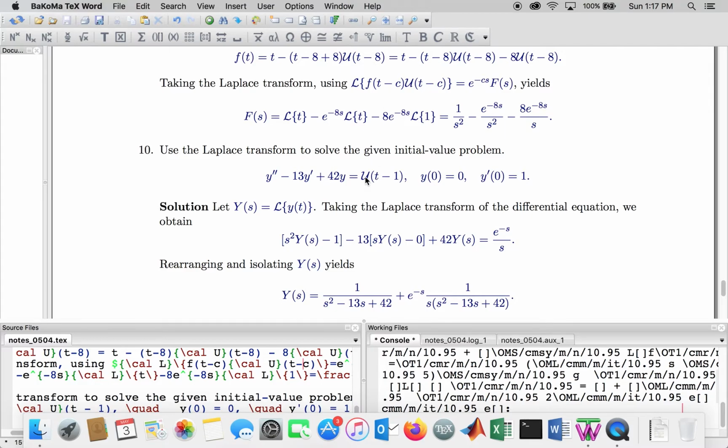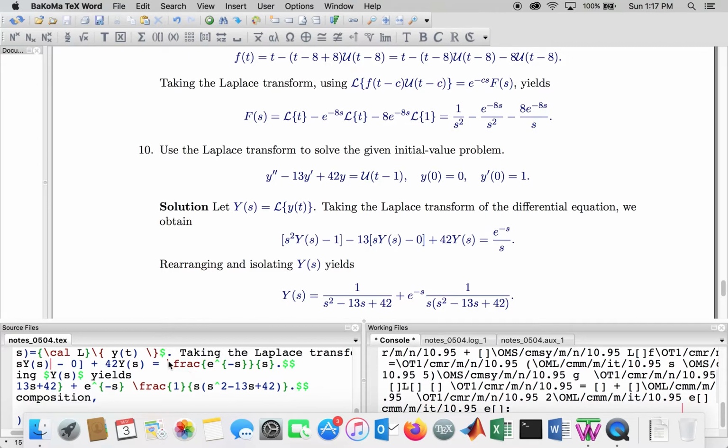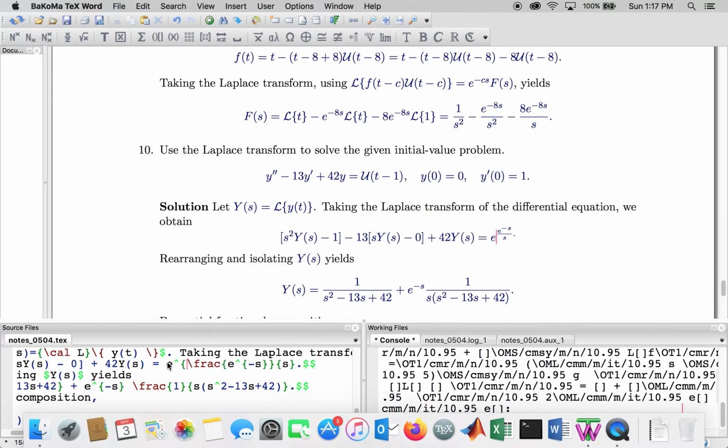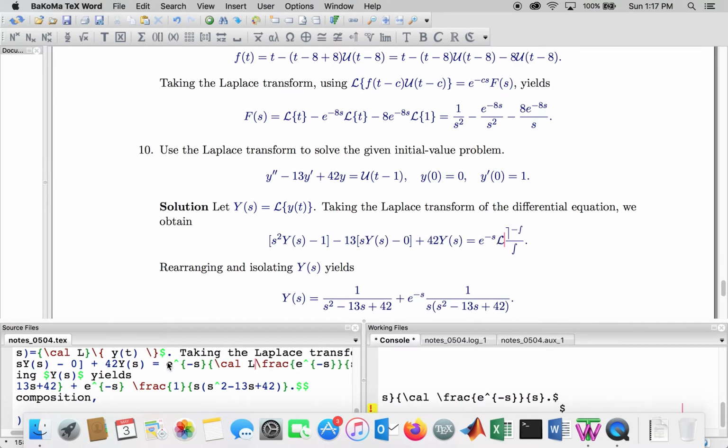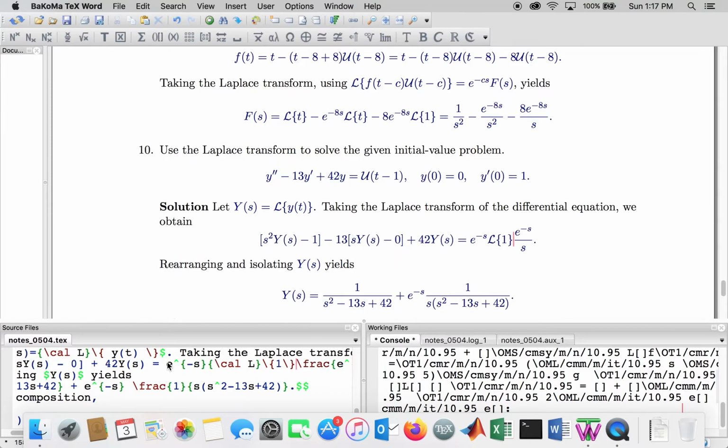So what we're going to have here is e to the minus s times the Laplace transform of 1, which is 1 over s. So I'm going to make a note of that here. Okay, so that's where the right-hand side transform comes from.